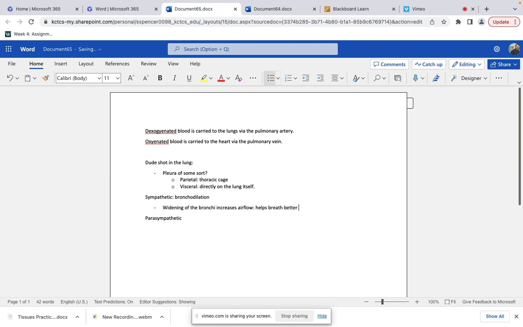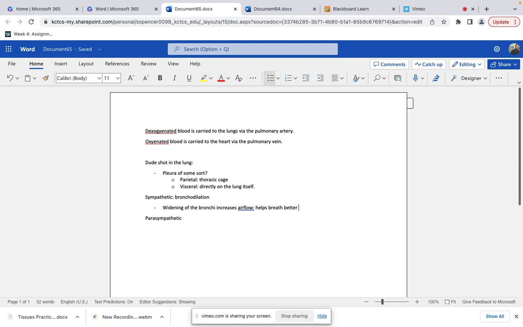This is after Ricky Joe up the hall, or he's out deer hunting, gets chased by a bear for whatever reason. He's running, he's scared to death. His sympathetic nervous system kicked in, right? His heart rate's going crazy, stimulating his heart rate, trying to keep him alive, increasing the cardiac output. And then he's also having bronchodilation, right?